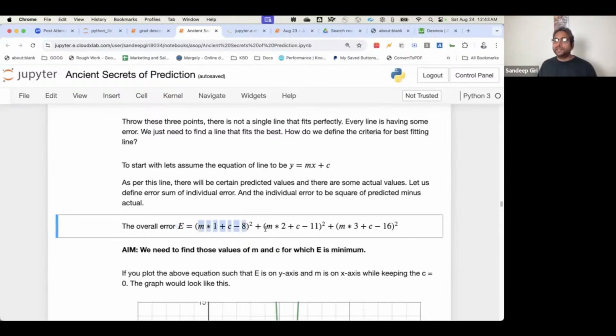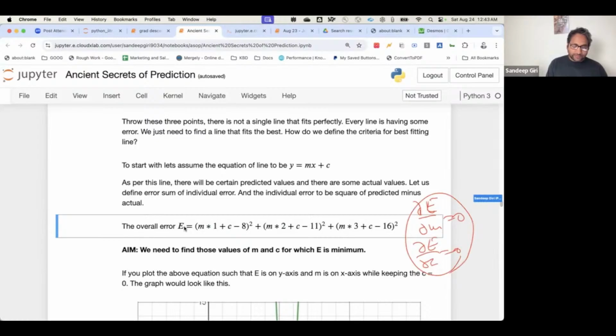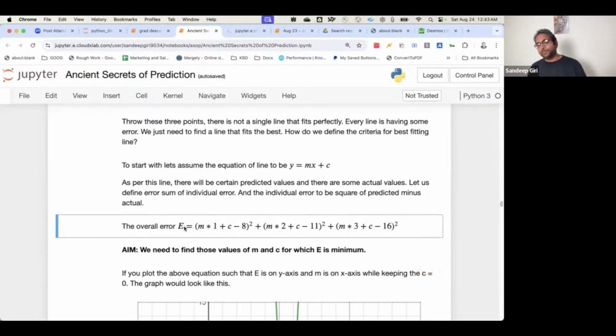We squared it, then summed it with the error due to the second point and third point, and the overall error is this. So very simply, if we set dE by dm equal to 0 and dE by dc equal to 0, and solve those two equations, we'll get the values of m and c for which the error is minimum. We'll continue from here tomorrow at the same time.